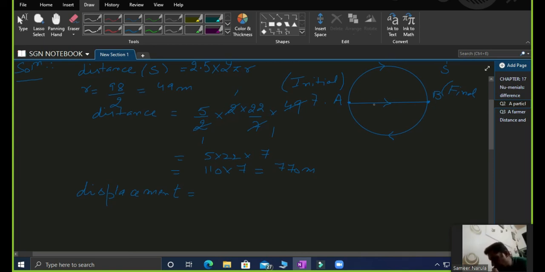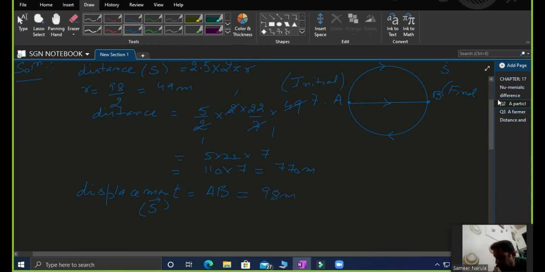Now the shortest distance between A and B would be nothing else than the diameter AB. So the displacement is nothing else than diameter AB, and that is 98 meter.